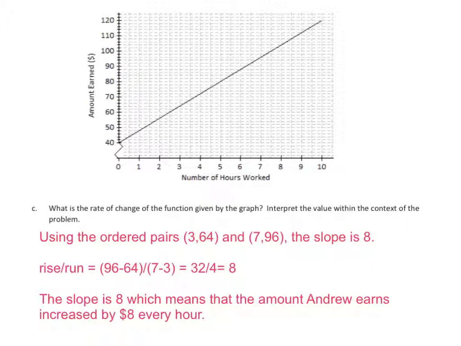So, using the ordered pairs (3, 64) and (7, 96), the slope is 8, calculated by using rise over run. 96 minus 64 divided by 7 minus 3, which is equal to 32 divided by 4, which gives me the answer of 8. The slope is 8, which means that the amount Andrew earns increases by $8 every hour.